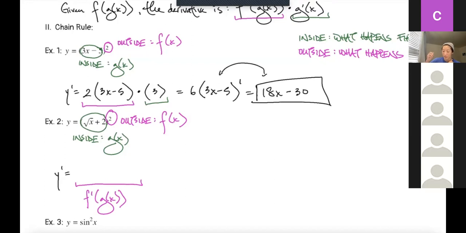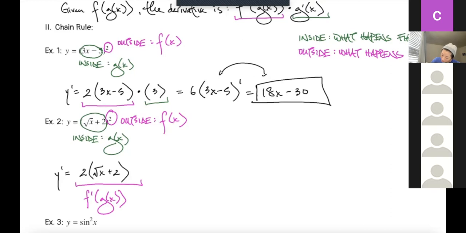Awesome. Okay, derivative of x squared is 2x. We know the derivative of something squared is 2 times that something. So 2 times that something. Very nice.